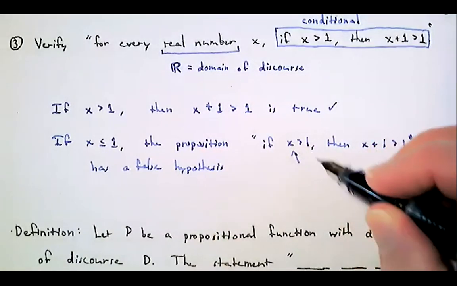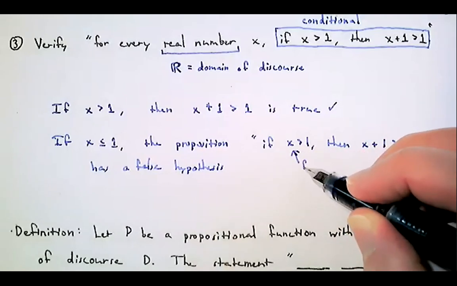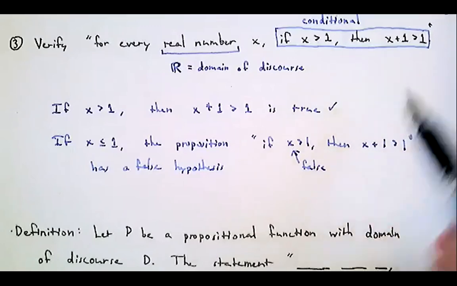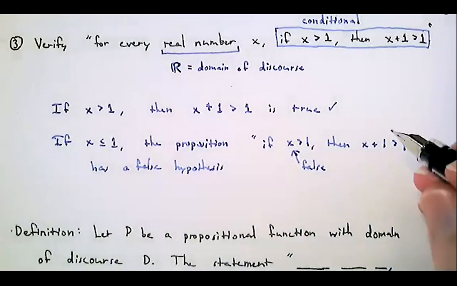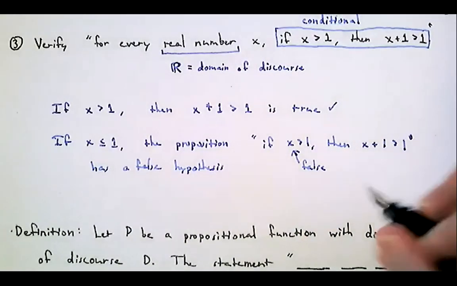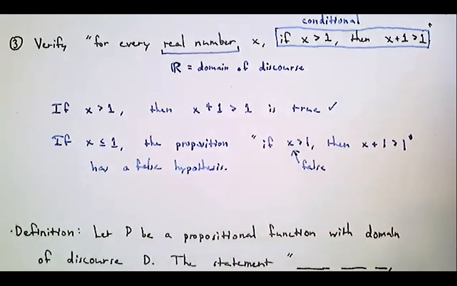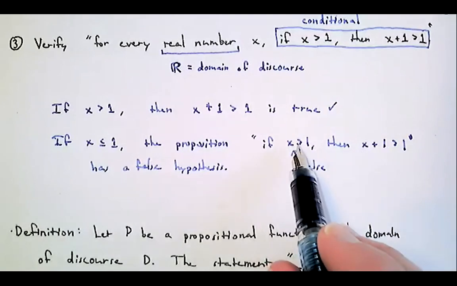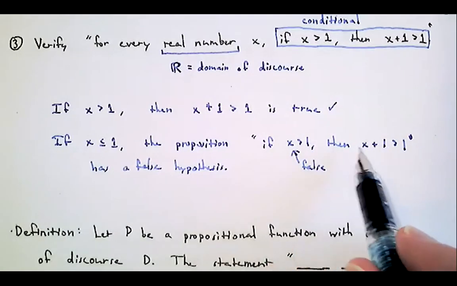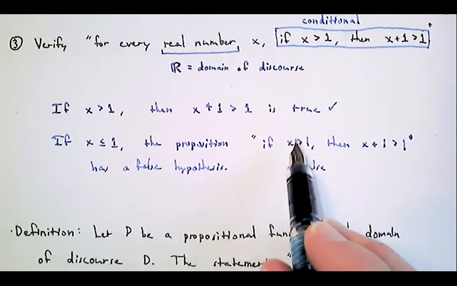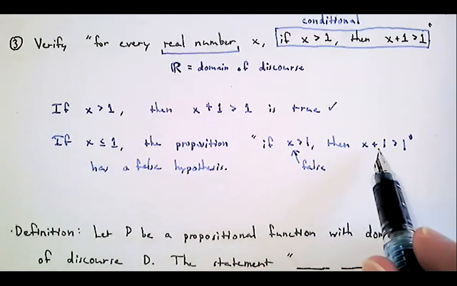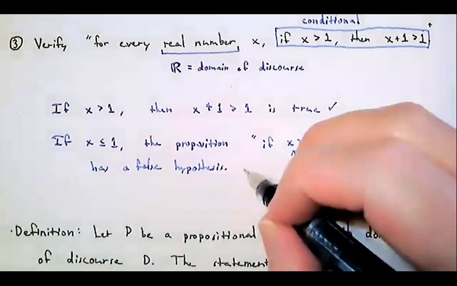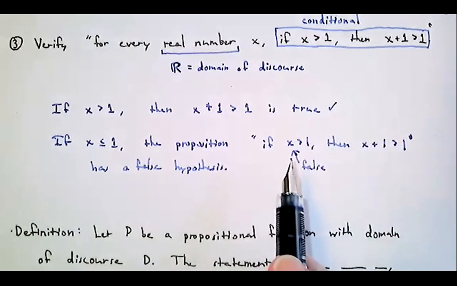This part's false. What do we know about conditional propositions when the hypothesis is false? If the first part is false, then the second part can be true or false. But if the first part is true, the second part has to be true.